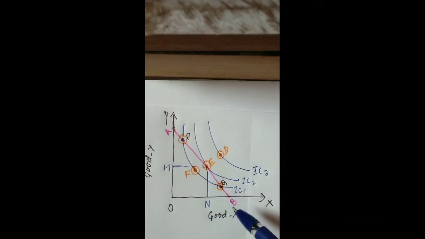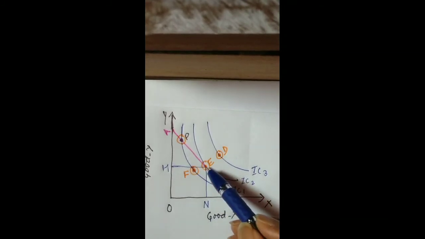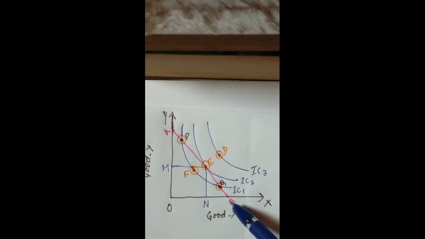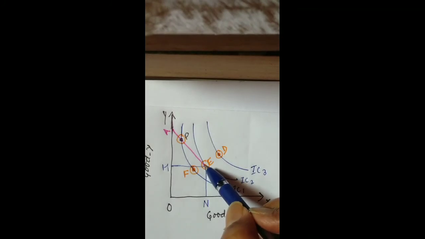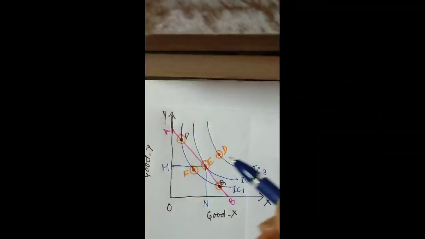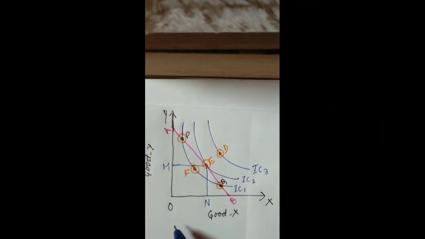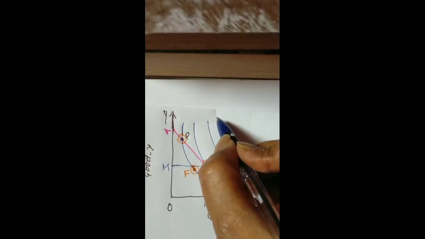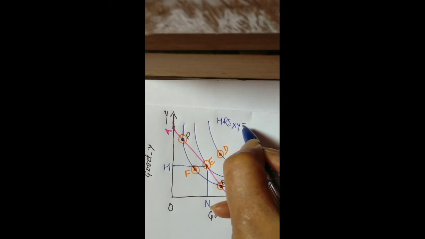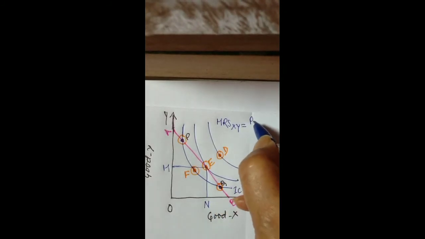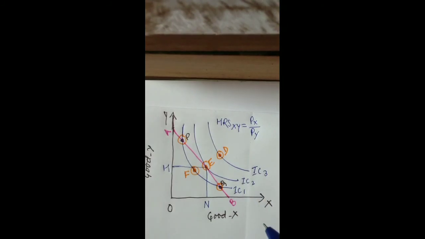You can see that at the point of tangency E, the slope of the budget line is equal to the slope of the indifference curve. So our first condition, that is MRS XY is equal to PX by PY, is satisfied here.